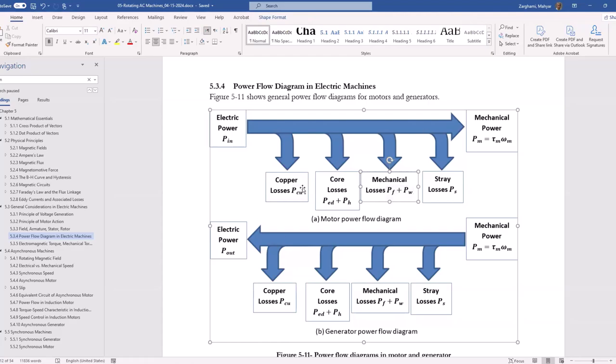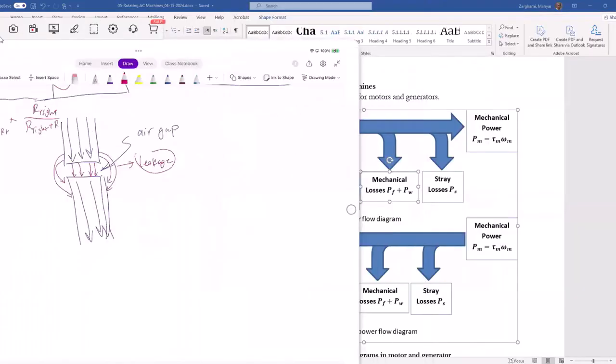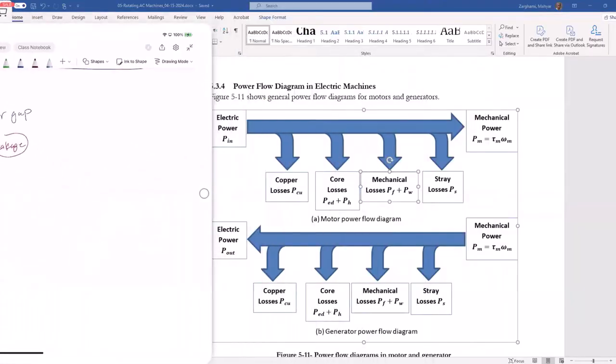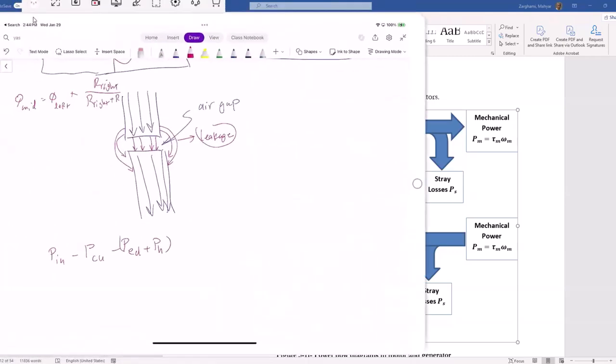And finally, no matter how much we try to account for these different types of losses, there would be some difference. So in principle, if the machine is a motor, the output should be P_in minus P_Cu minus P_eddy minus P_hysteresis minus P_friction minus P_windage.